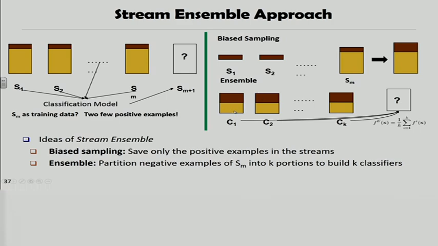Then you get k training data. This one is repeated many times. Each one is sampled k times. Then for each one, you can construct a classifier. Now you have k classifiers. You can take a vote. You can take an ensemble. Is that clear?